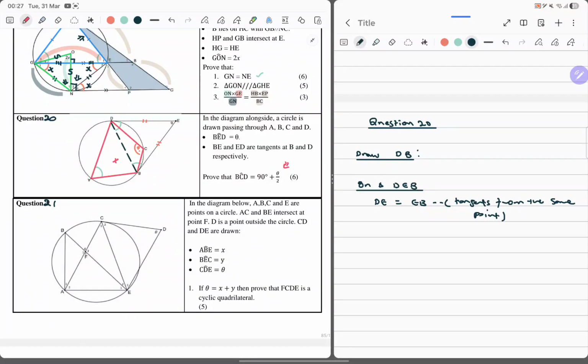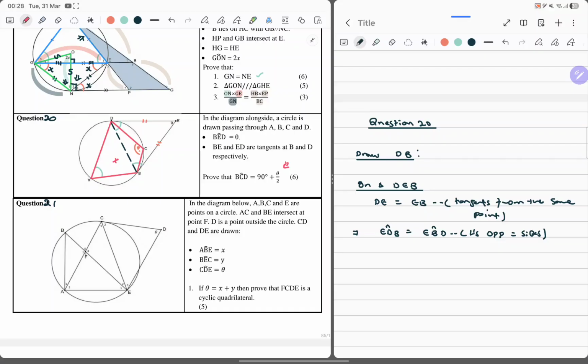Okay, so that's done. And we can say this implies that angle EDB is going to be equal to EBD. So these are angles opposite equal sides.